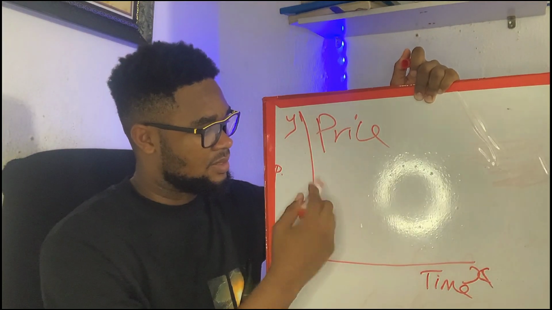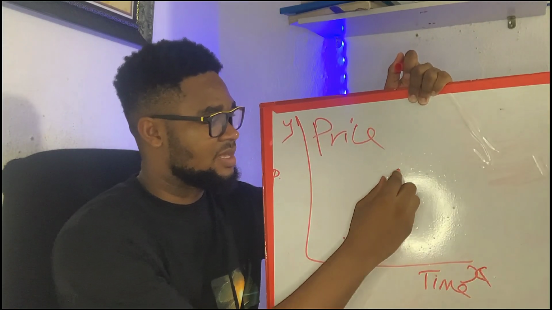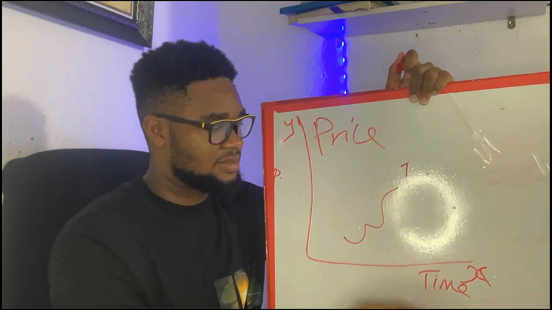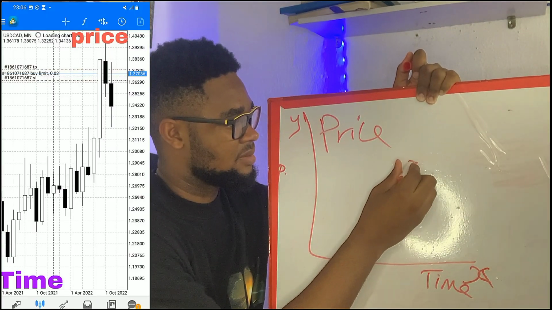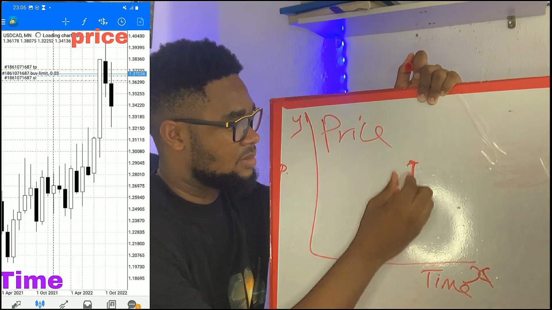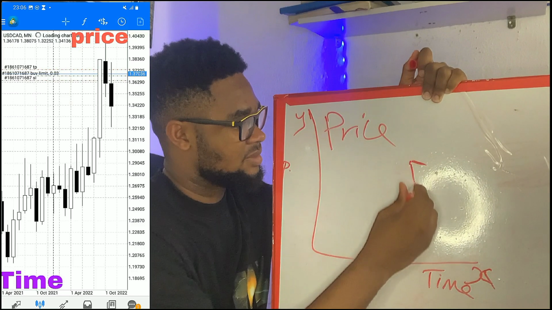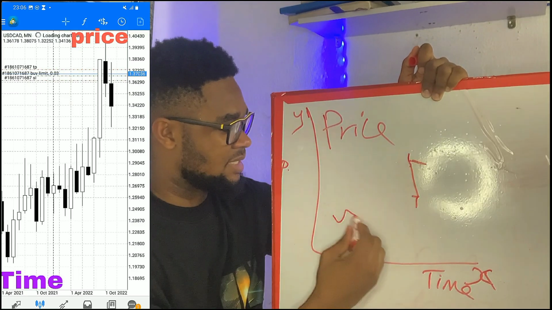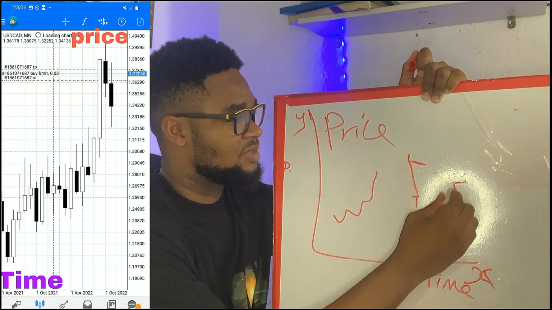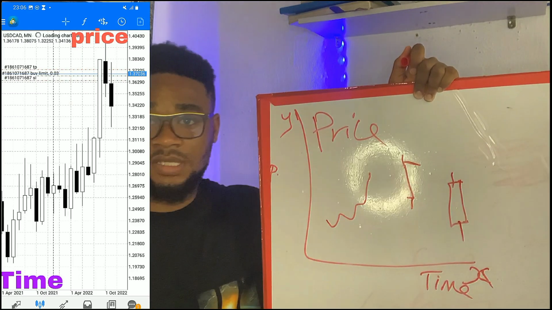and it can be a line chart or it can be a bar chart, or it can be a candlestick chart.